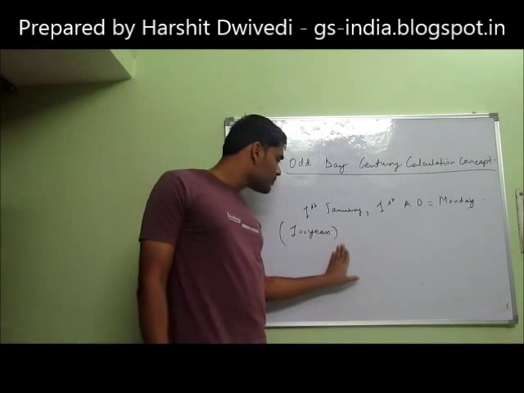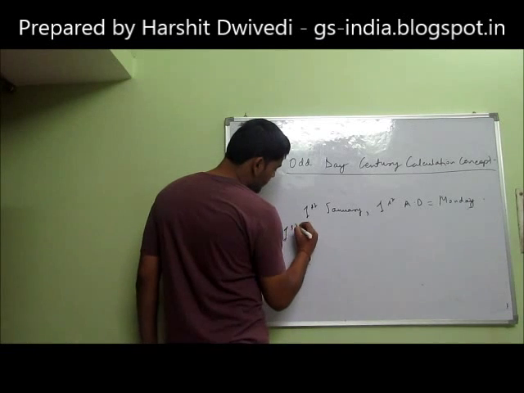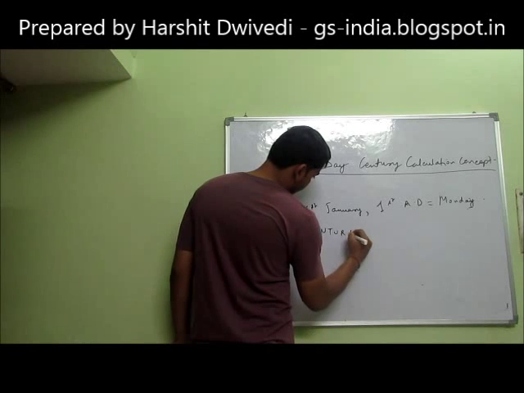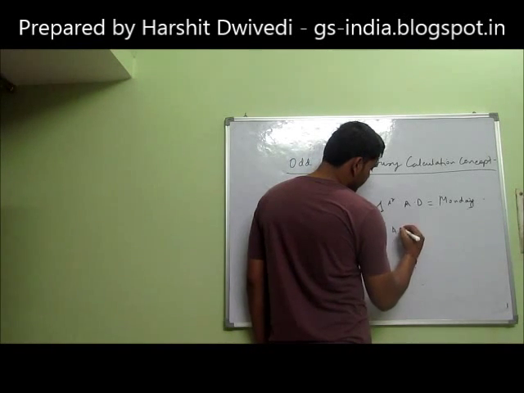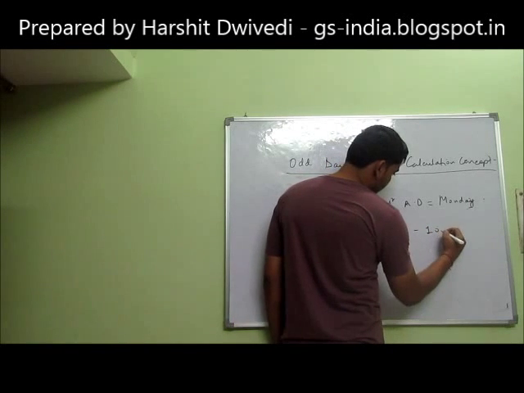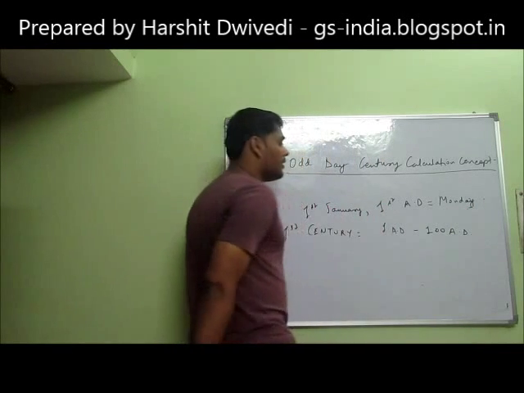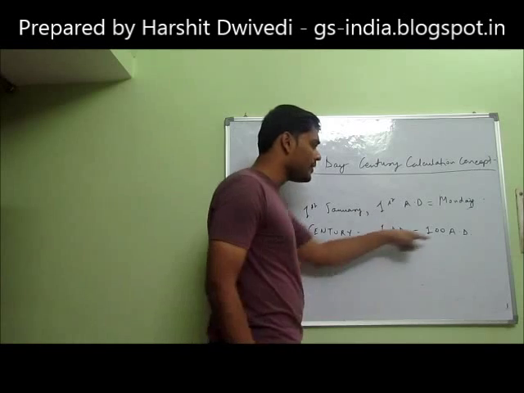Now, I am talking about the 1st century here. What is the 1st century? The 1st century is a period from 1 AD to 100 AD. How many years are these?